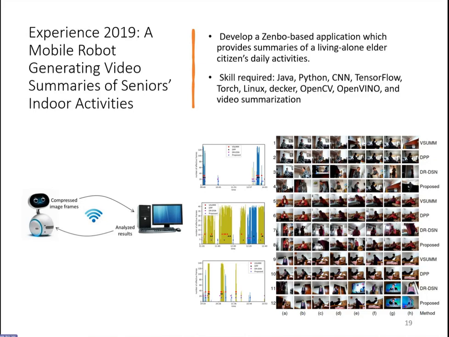For the older citizens, their children don't have so much time to watch the whole length of the video. So I use a video summarization method to pick the most important 6 or 8 images within the 16 hours, or the most significant images within the time.